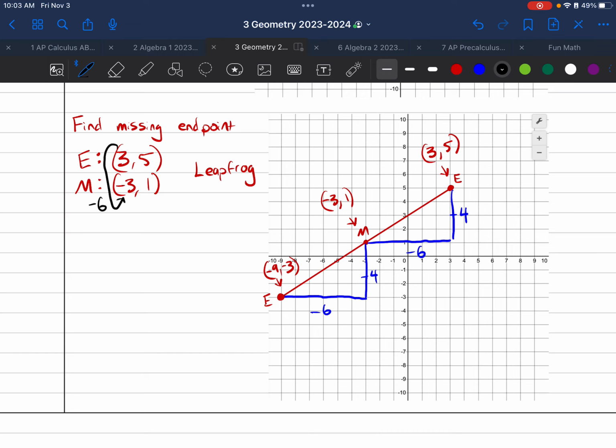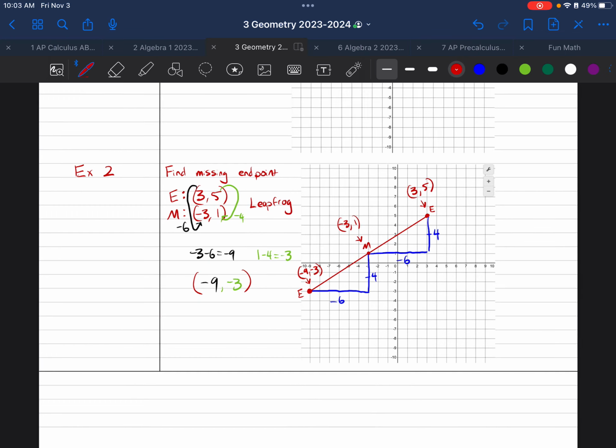Down 6, so we go down 6 again, and I go -3 minus 6 is -9. And then to get from 5 to 1, we go -4. So we do -4 again, and we have 1 minus 4, and we get -3. So we get this answer of -9, -3 for our final answer.